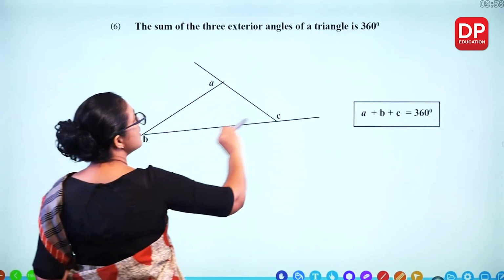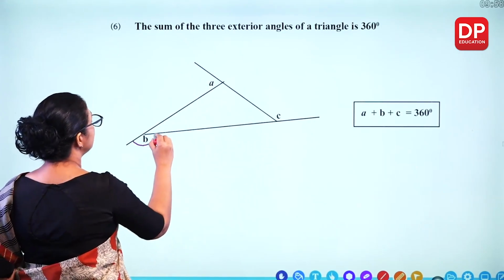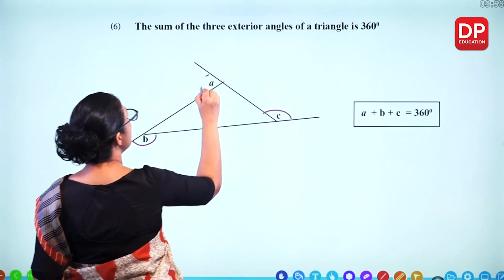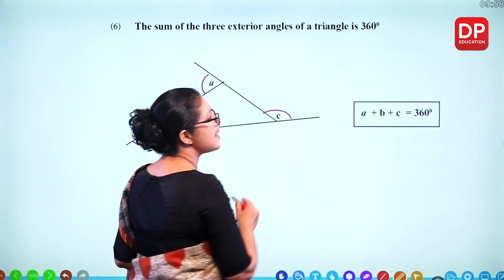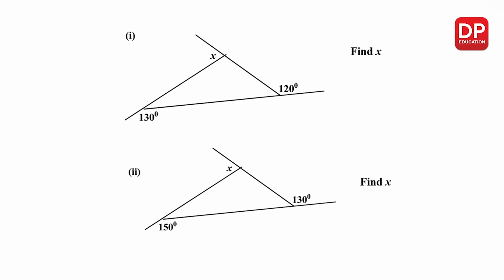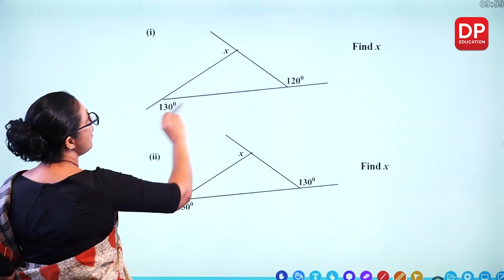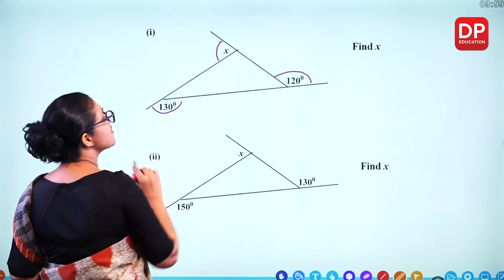So this way, anti-clockwise, extend the line. So these are exterior angles. When you add, the three angles add up to 360. Use that one. So when you extend, you get this, all three are exterior angles.